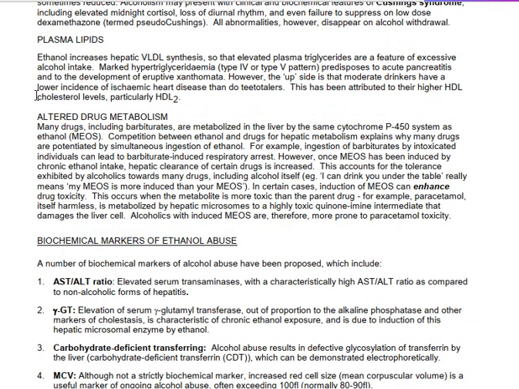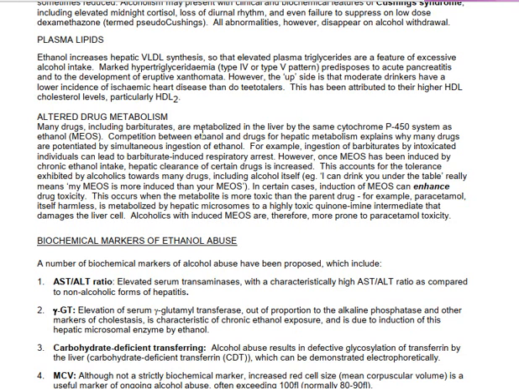Now the next, we have altered drug metabolism. Ethanol is going to alter drug metabolism because it is going to affect the cytochrome P450 system, which mainly metabolizes drugs. Is it clear? So for example, injection of barbiturates. When you inject barbiturates, you can get intoxicated by barbiturate-induced respiratory arrest, because barbiturates cause a form of respiratory alkalosis.